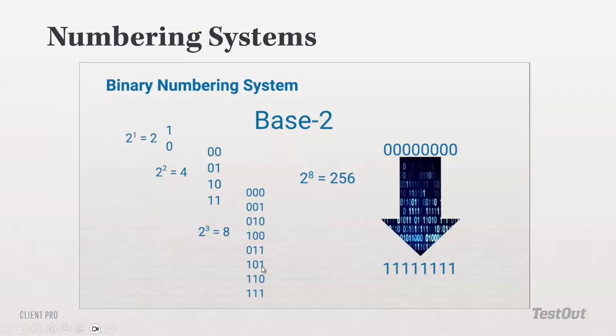And then 101 will be 5, 110 will be 6, 111 will be 7. And that's the highest number that you can do with 3 bits. Then you add another position, and that will give you 1, 0, 0, 0. And that one will be the number 8, which is 2 to the third power. So 2 to the 0, 2 to the 1, 2 to the 2, 2 to the third. So that would be adding that position.